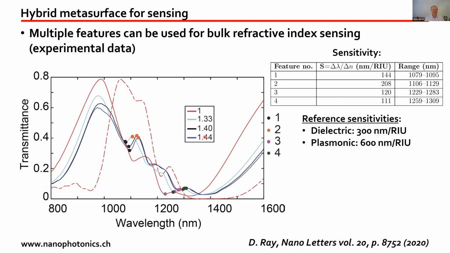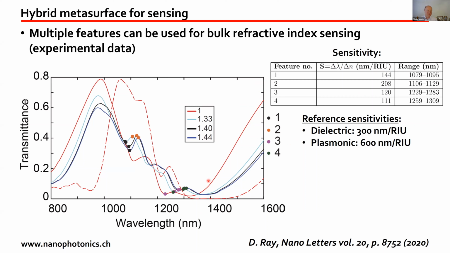So to quantify this response, what we can do is to look at different features. We have many of these features. So like here, the little shoulder here, for example, and see how much its wavelength changes as we change the refractive index of the background. And by doing so, we obtain a value which is the sensitivity, which is just the change in resonance wavelength, in nanometer, divided by the change in refractive index of the background.